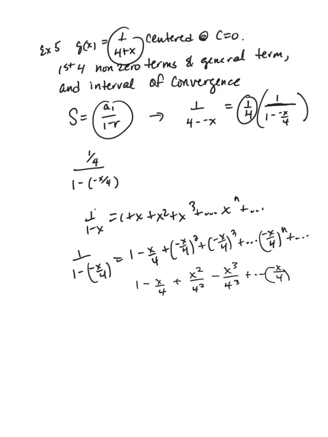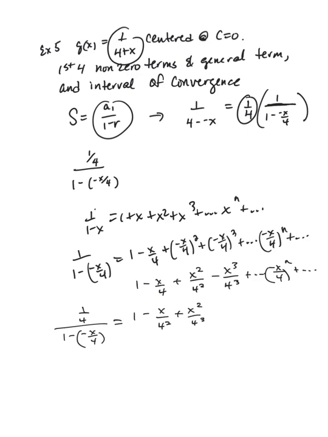So you don't need to write out 16 and 64. You can, but you don't have to. Okay, so now I'm going to multiply everything by 1/4. So 1/4 over 1 minus negative x over 4 is then going to become 1 minus, this is going to be x over 4 squared plus x squared over 4 cubed.